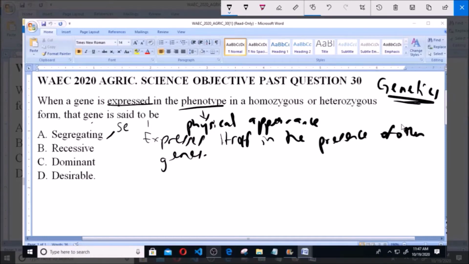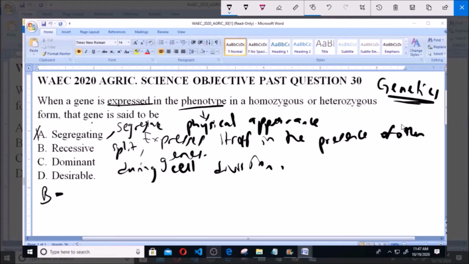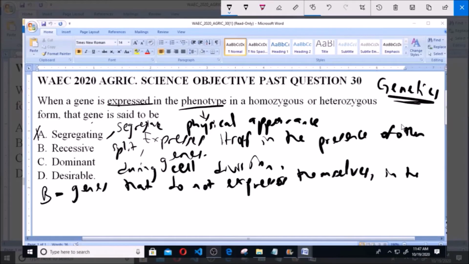Now option B says recessive genes. Recessive genes are genes that do not express themselves in the presence of another gene.